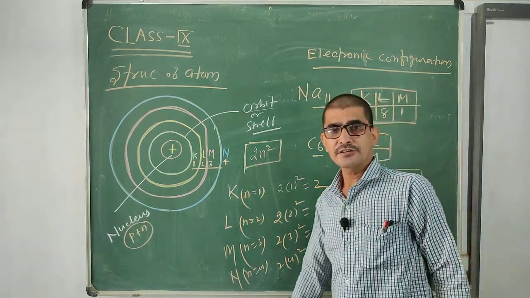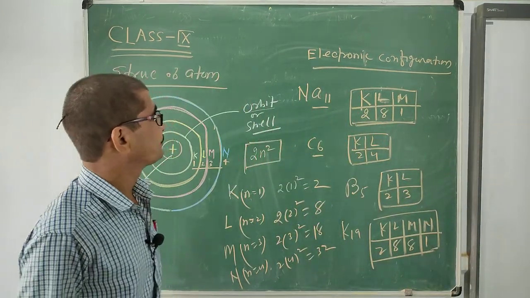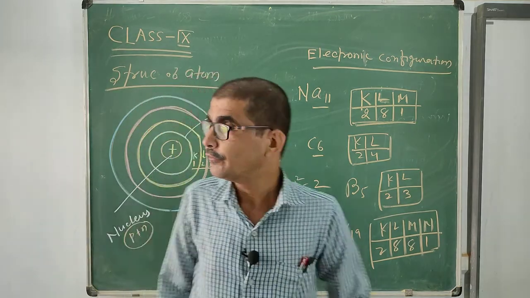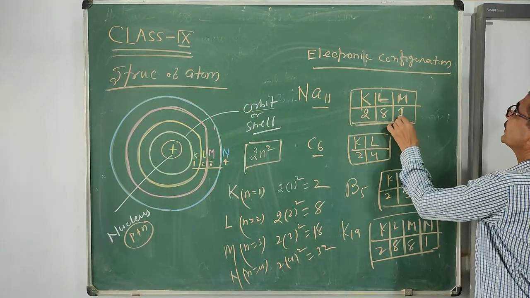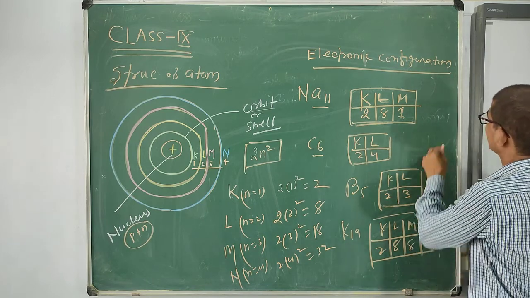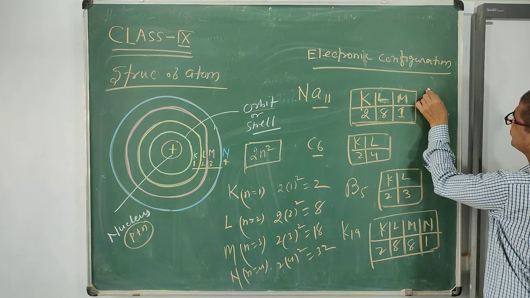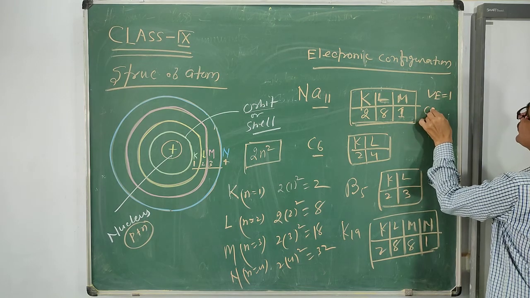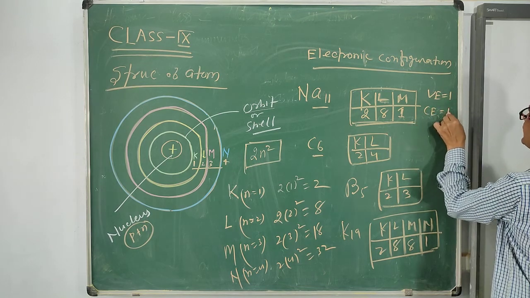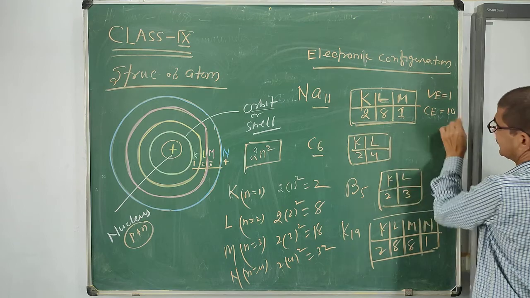Now as far as valence electron is concerned, the electron present in the outermost orbit of an atom is called valence electron. So valence electron for sodium, V for valence electron, is 1 and core electron is 10. 2 plus 8, 10.